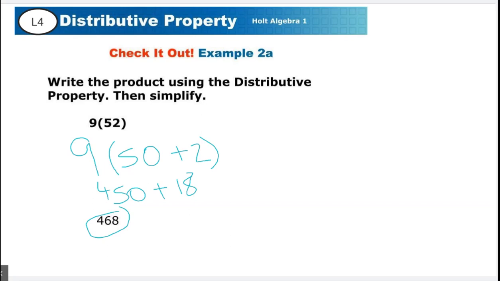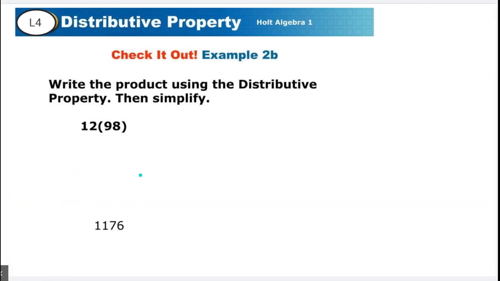Okay, so, sorry, I didn't know there were more. 12 times 98. 12 times 90 and 12 times 8. So 90 ends in a 0, so 12 times 9 is 72.